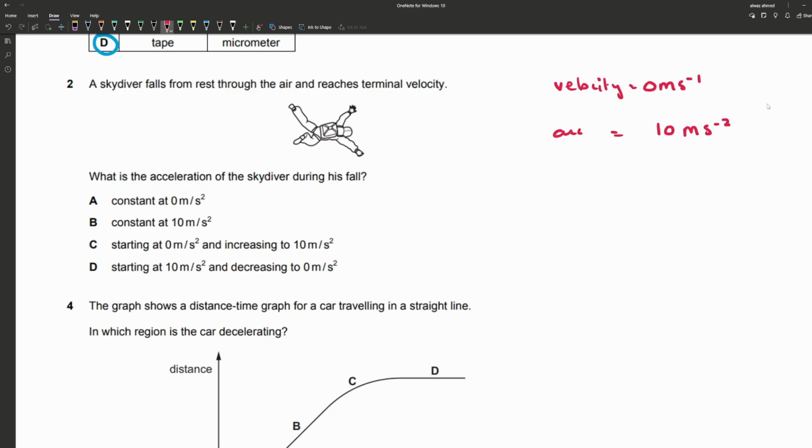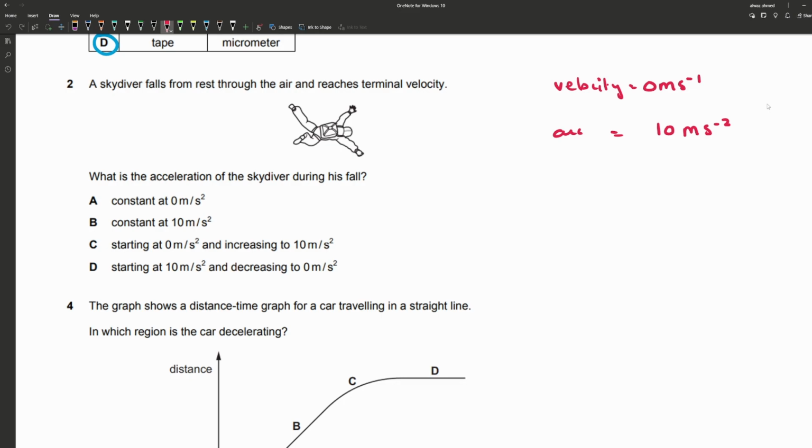Now the velocity is 0 because his motion has just begun, so he doesn't have any velocity, and the acceleration is 10 meters per second squared due to gravity, as we have talked before in our motion videos. So in the start, his acceleration is 10 meters per second squared.